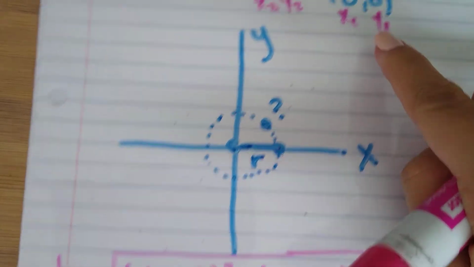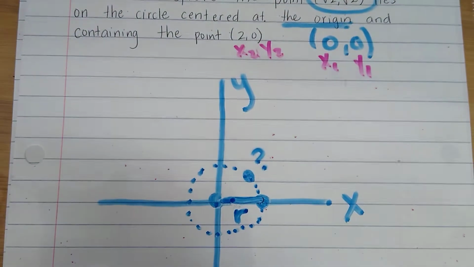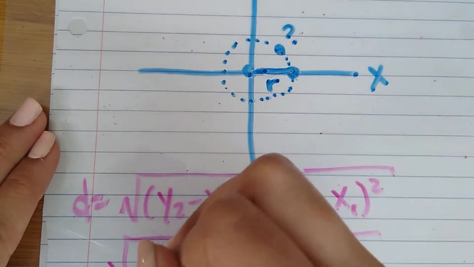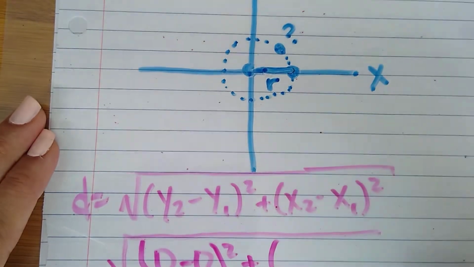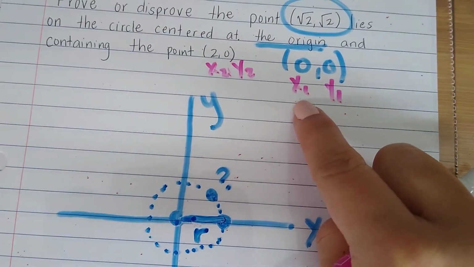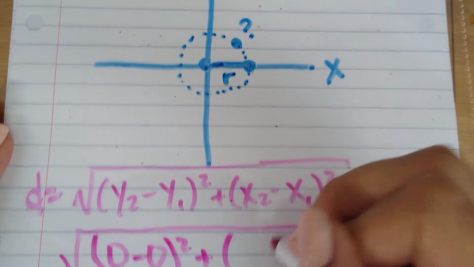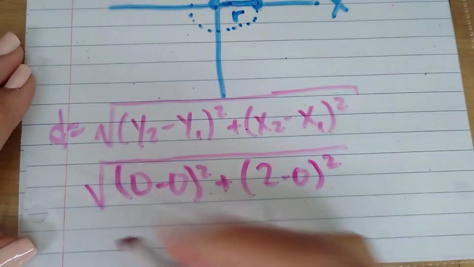So let's plug those values in here. y2 minus y1, that's 0 minus 0 squared plus x2 minus x1, that's 2 minus 0 squared.